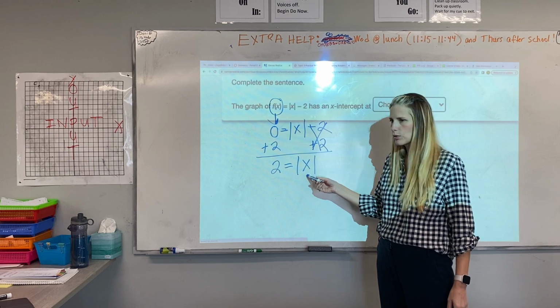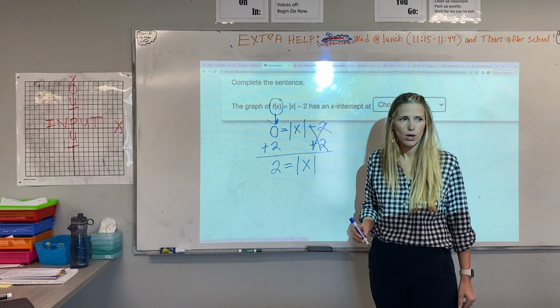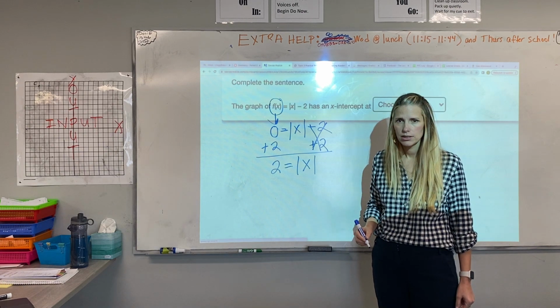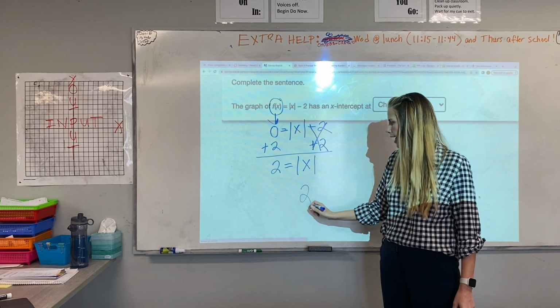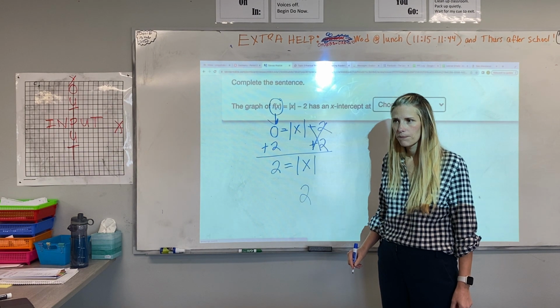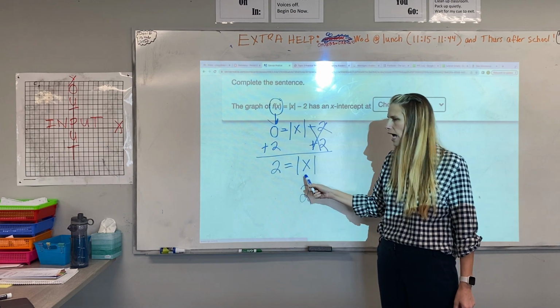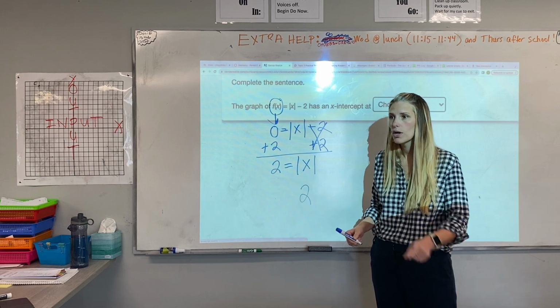So x, which is a number, when it's absolute valued, it'll give you positive 2. What is that number? 2. And what is the other value that when it gets absolute valued, it'll get you positive 2?